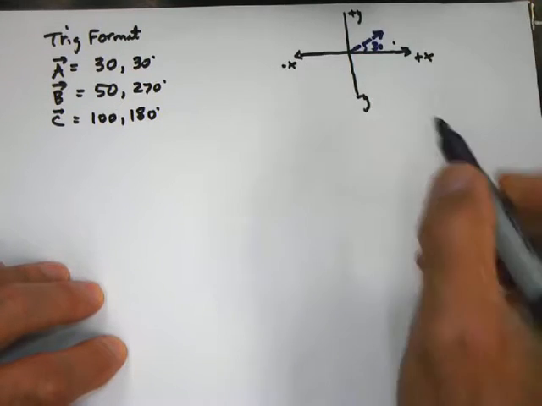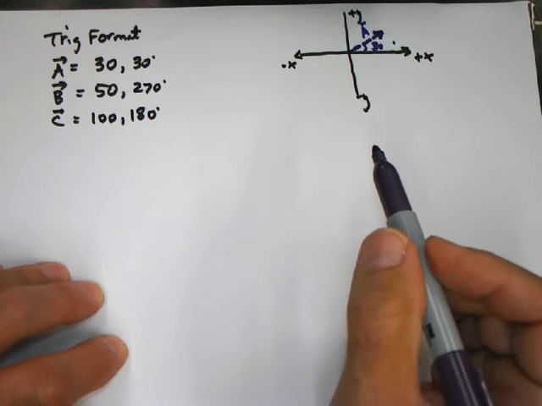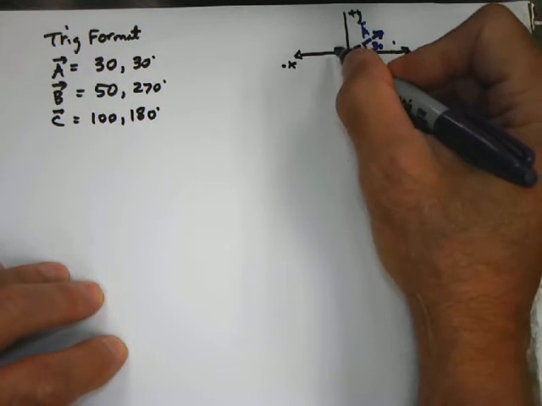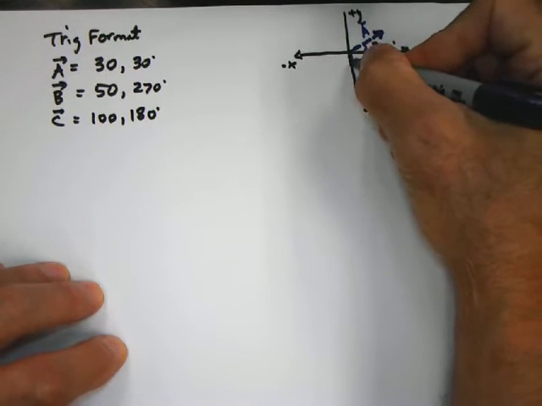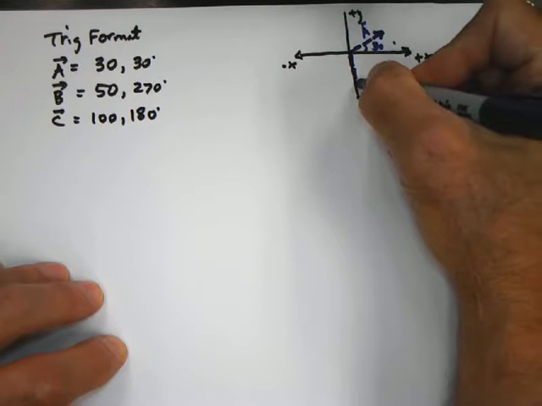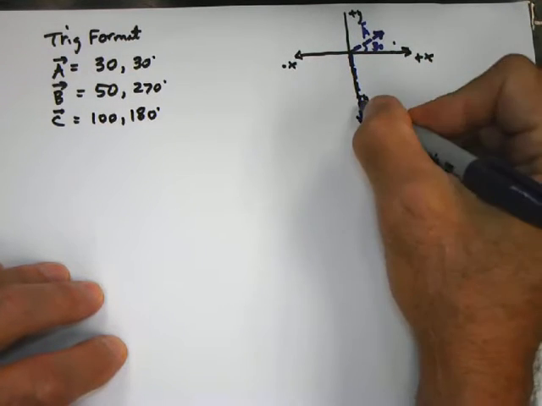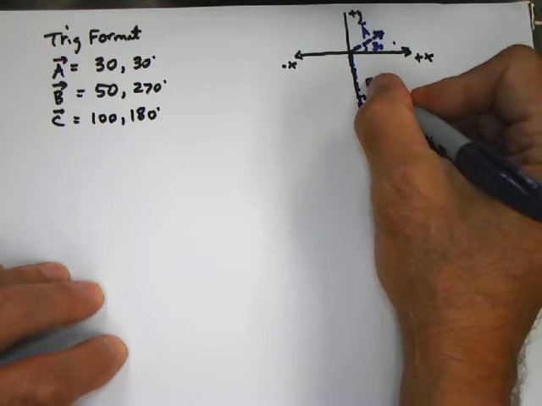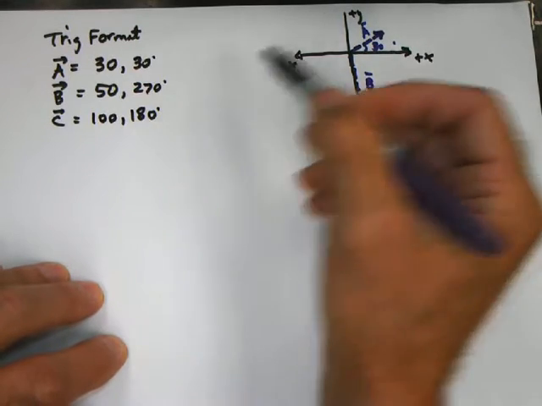Okay, so that's vector A, and then vector B is like 50 at 270, right? Well, 270 relative to this positive x-axis is all the way down here, right? And that would be 50 units, so 10, 20, 30, 40, 50. So I'm not using a ruler or anything, just to get a feeling for it. This would be vector B. And then vector C is 100 going at 180. So that's over to the left there.